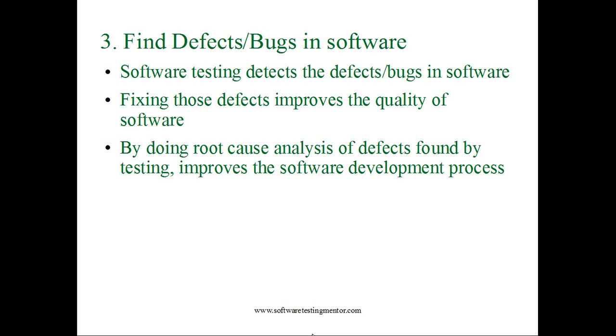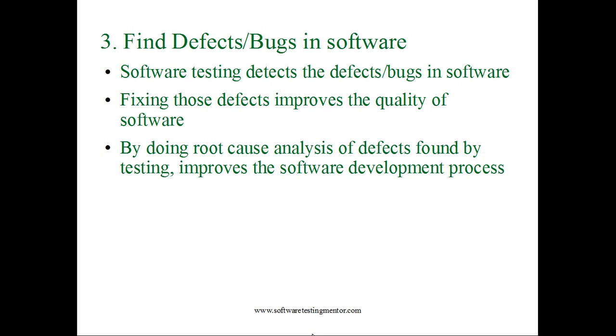While you are doing static testing or dynamic testing, you find any sort of defects either in the requirements, if requirements are not testable or are incomplete, or in design documents, or in the executables or the build that you install and start testing with. You find those defects, which are then fixed and which improve the quality of the software.